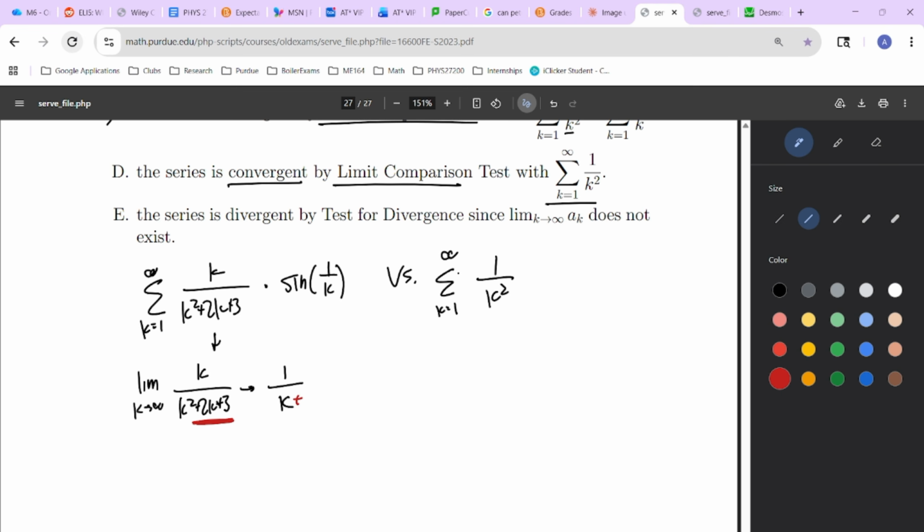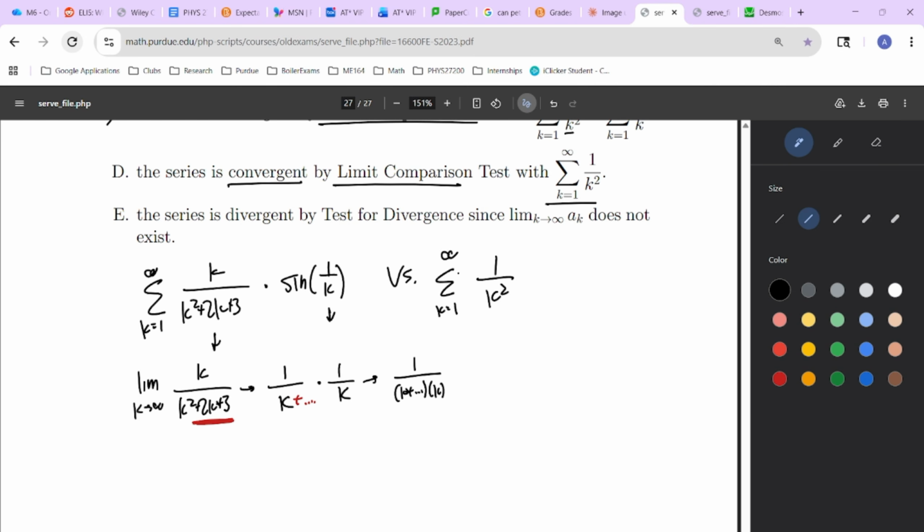It's more like k plus a little bit of something else after that, right? And then the sine of 1 over k, we're just going to approximate that, keep that as 1 over k. That means that this is 1 over k squared, but more like 1 over k squared plus a little bit of something. In fact, I'm going to write it out as this: 1 over k plus something, multiplied by k.